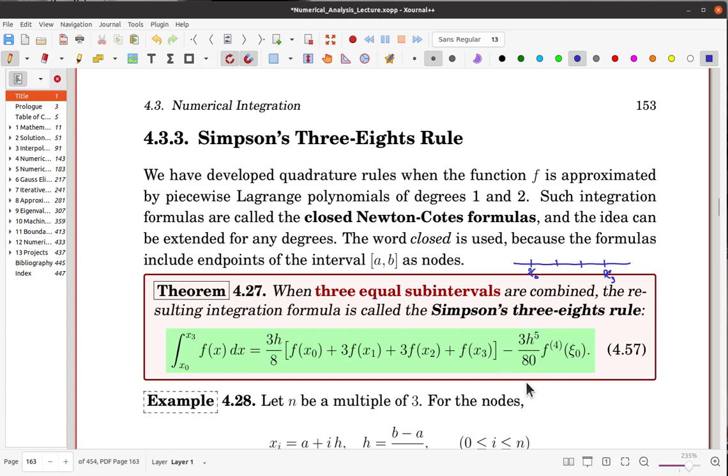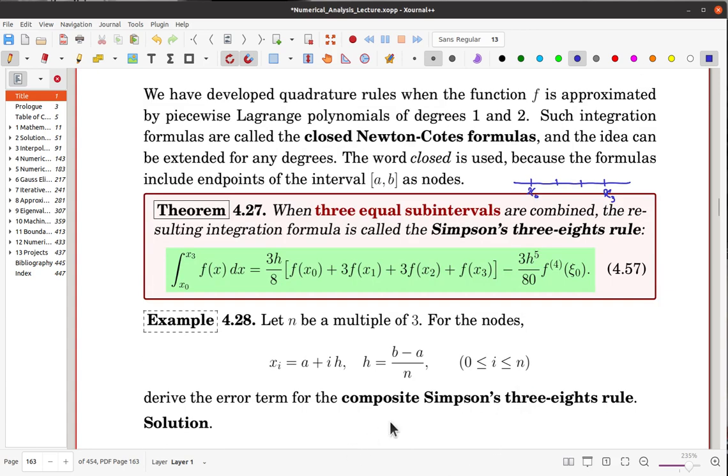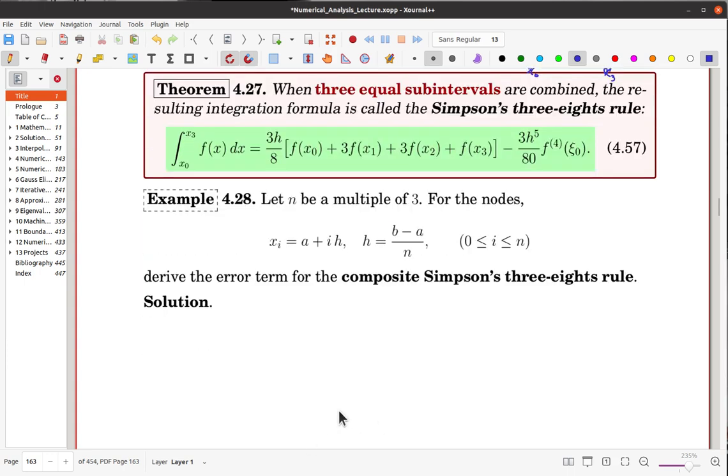Now we can apply this for each set of subintervals over the whole domain, and then it becomes the composite Simpson's 3/8 rule. The error term can also be analyzed quite easily.